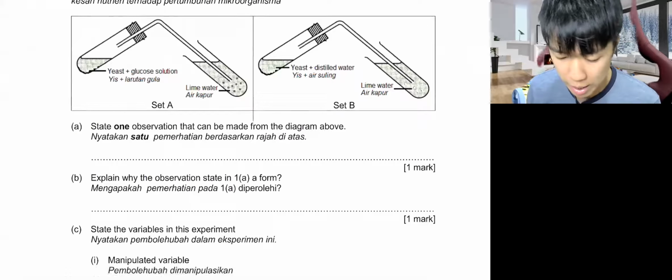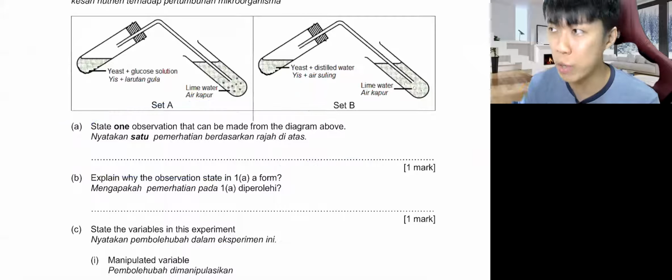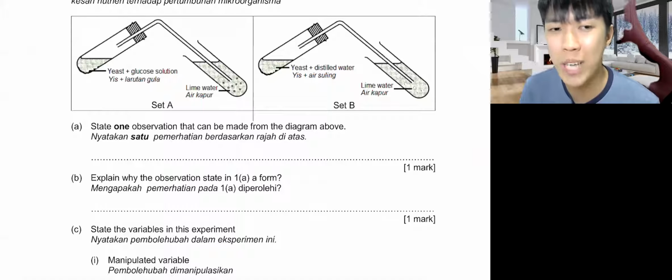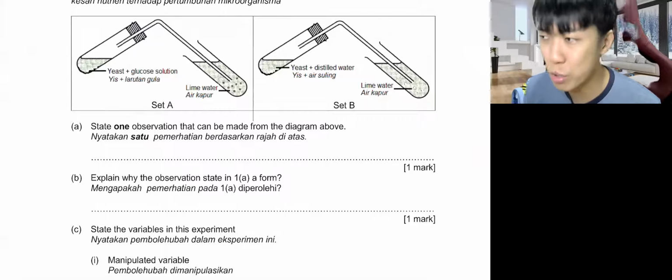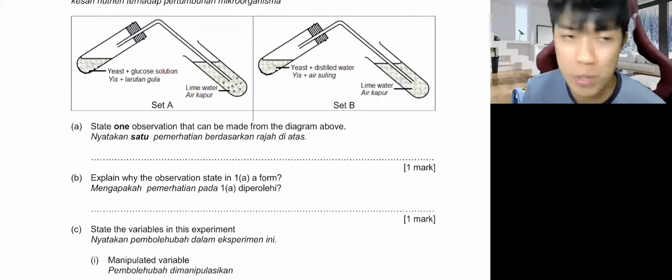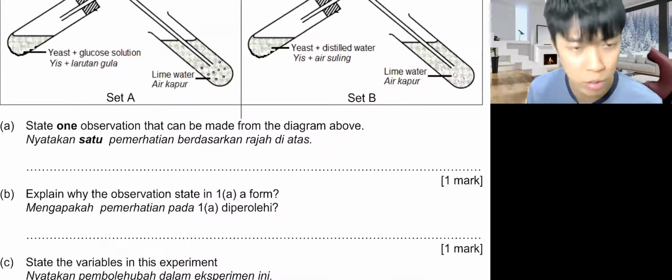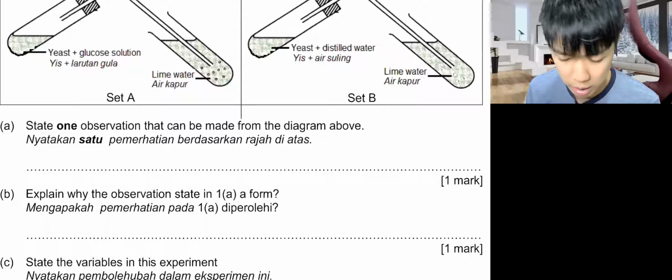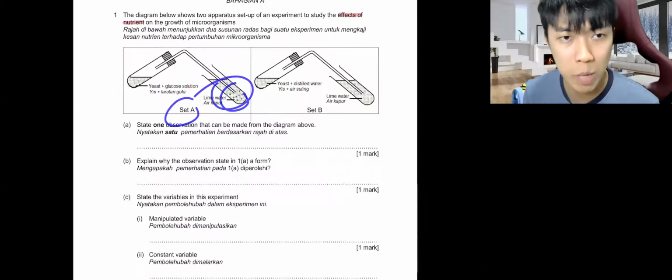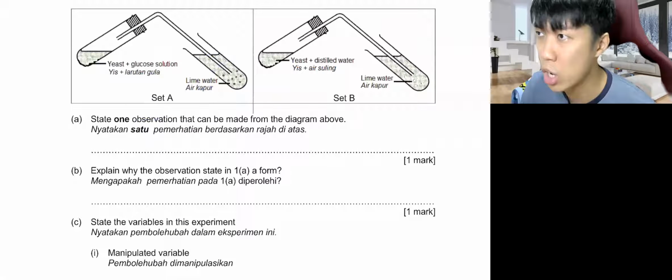Okay, so up to you, which one you want to write. You want to go for cloudy, not cloudy, or go for bubble, no bubble? Let's say you want to go for something you can see, I would suggest you go for got bubble, no bubble. You form your own sentence, whichever way you want, like: lime water in set A has gas bubbles, while set B does not.